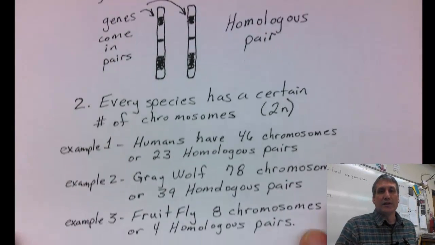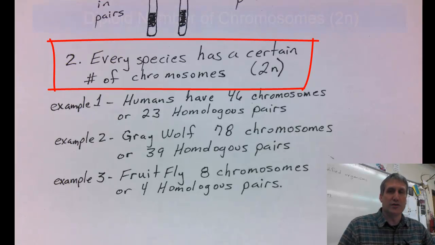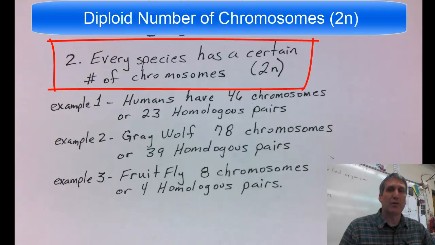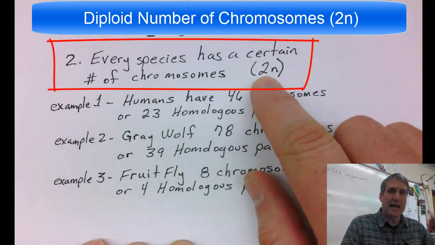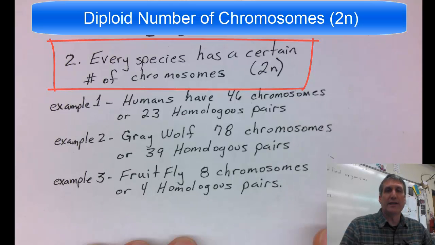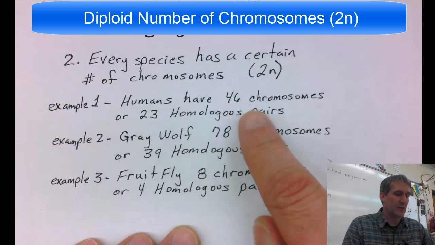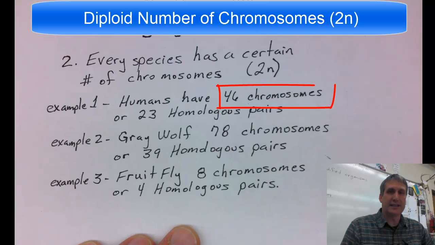The next thing to understand is that every species has a certain number of chromosomes. It's called the diploid number, and it's represented by using a 2n. Let's look at three different examples of the diploid numbers for different species. We have the human species with a diploid number of 46.